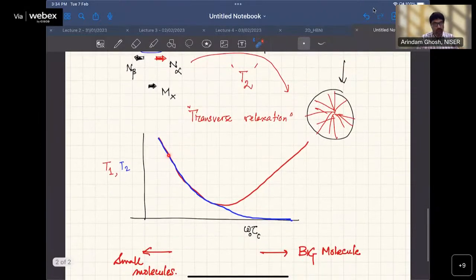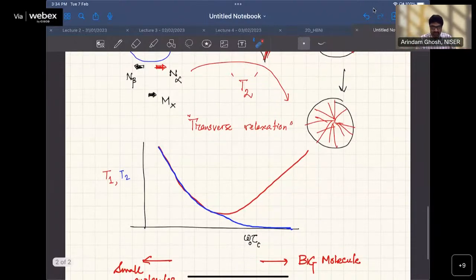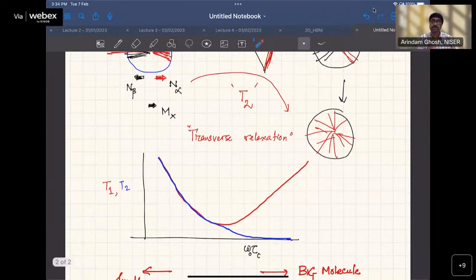But for a small molecule, you can see that T1 is actually equal to T2. The time it takes for the readjustment of T1 is almost the same time it takes for the decoherence to kick in. NMR was discovered with small molecules first; proteins, RNAs and DNAs we are doing just now with 700, 800 megahertz, 1 gigahertz spectrometers. Historically, people only did small molecules, and when they measured T1 and T2, they always found that for small molecules, T1 is exactly equal to T2.